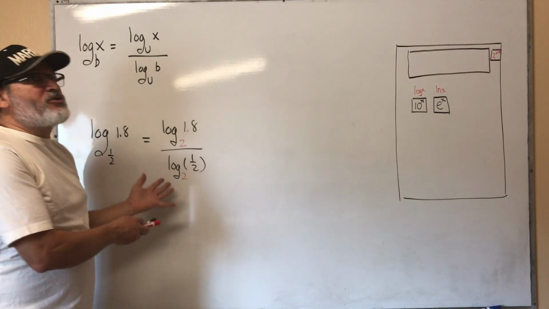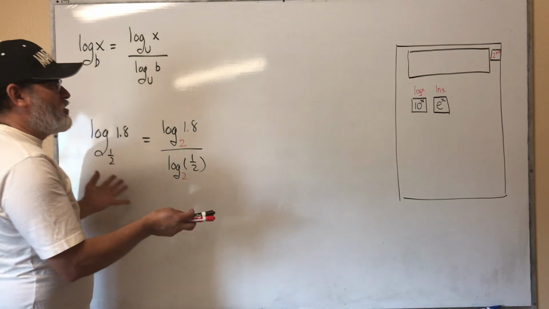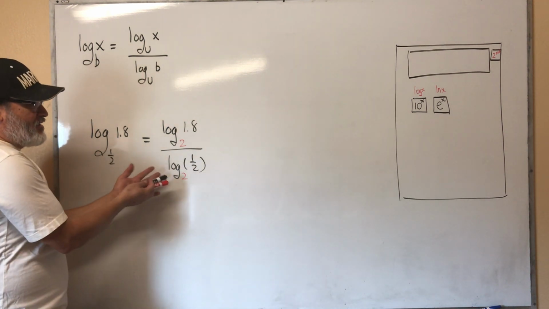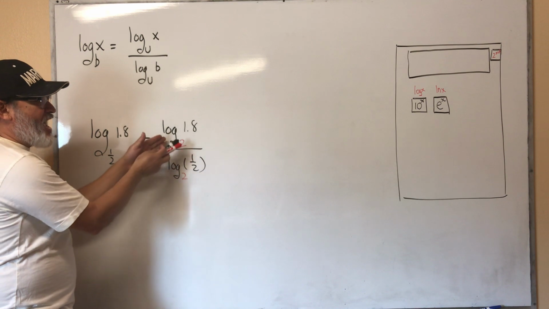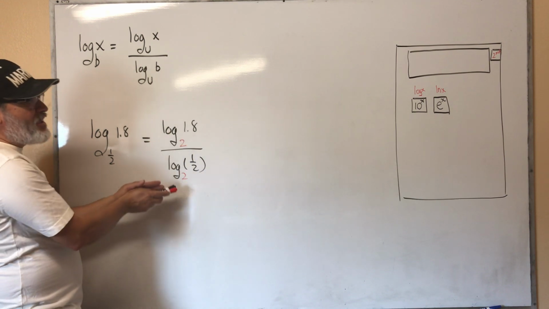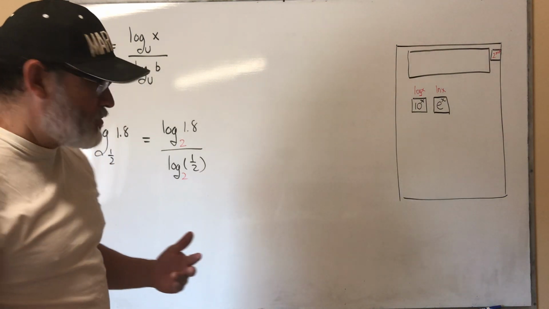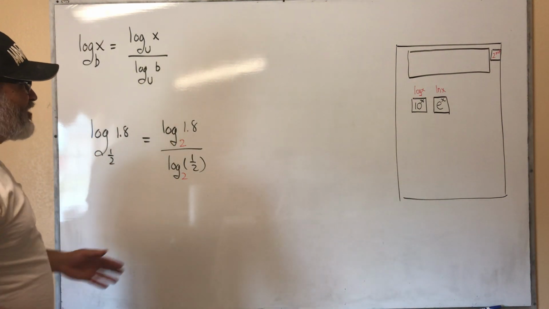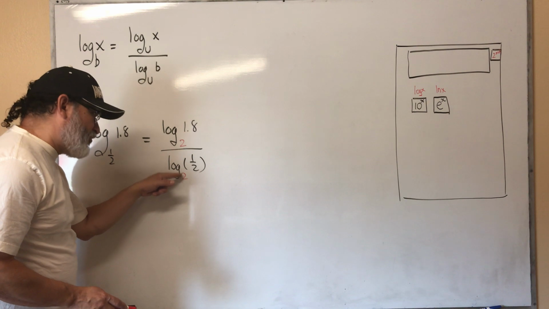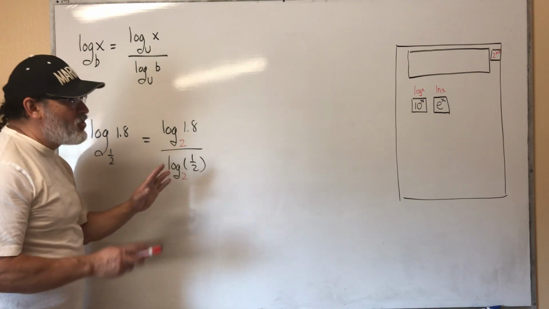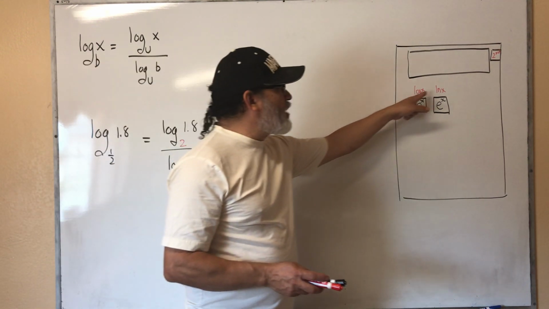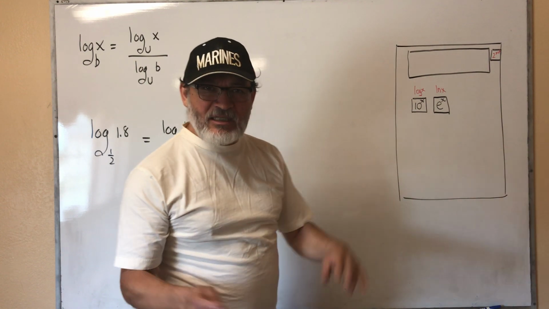Except you can't use it. You cannot find out what it is because your calculator does not have base 2. Most likely, okay? There are some calculators that do. If you do not have base 2, no problem. You pick one of those 2 bases, whichever you want.